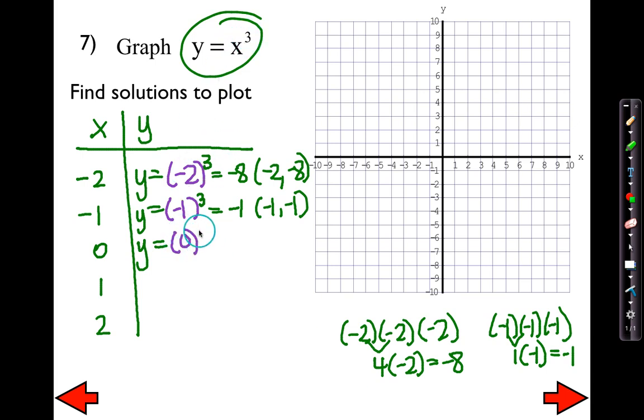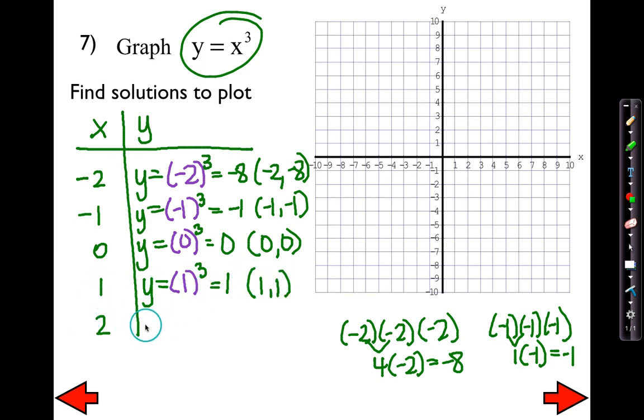It's still being cubed. This means 0 times 0 times 0, which is obviously 0. So that ordered pair is going to be 0, 0. Now when x is 1, continuing to plug it in, we're going to replace x with a 1 and cube that number. Here it just means 1 times 1 times 1, which I know is 1. So the ordered pair would be 1, 1.